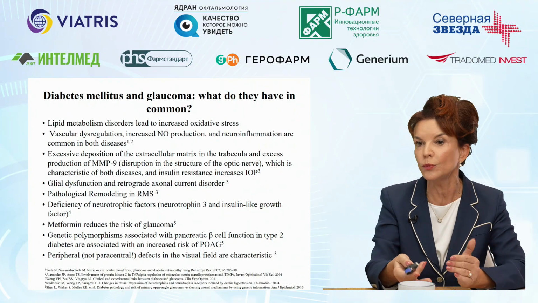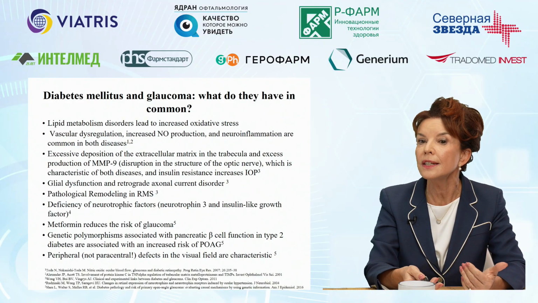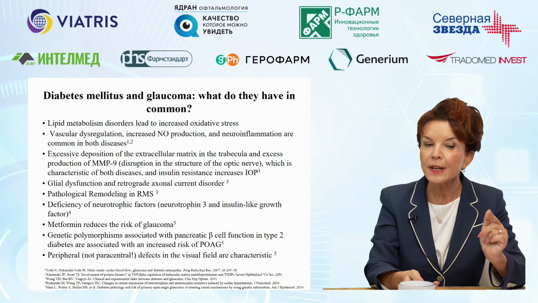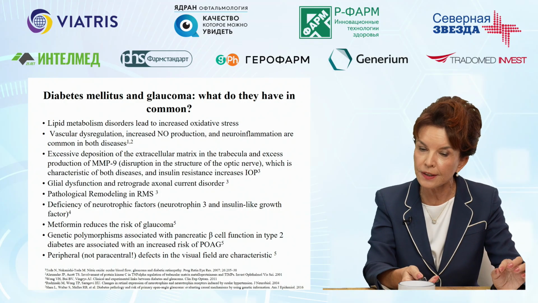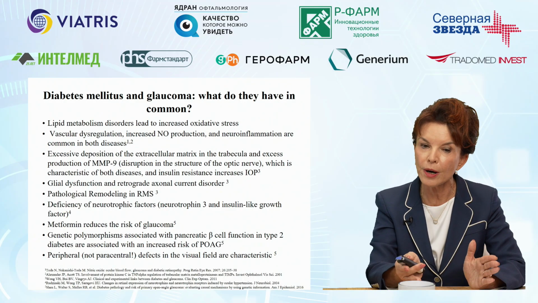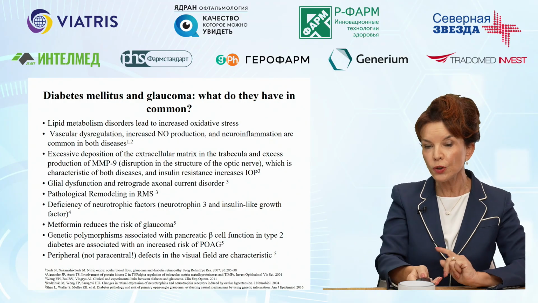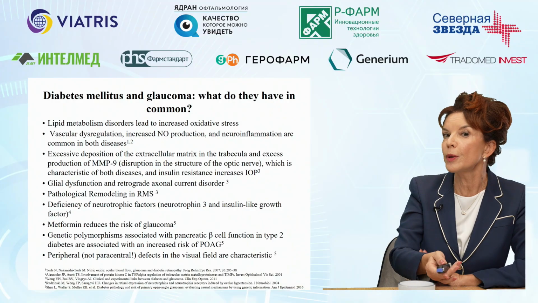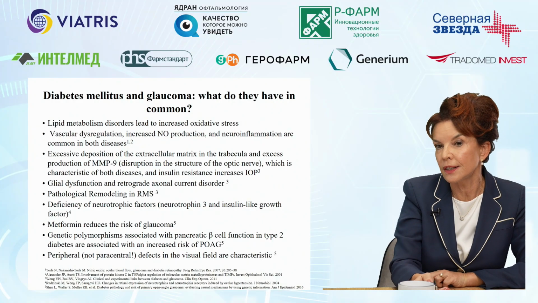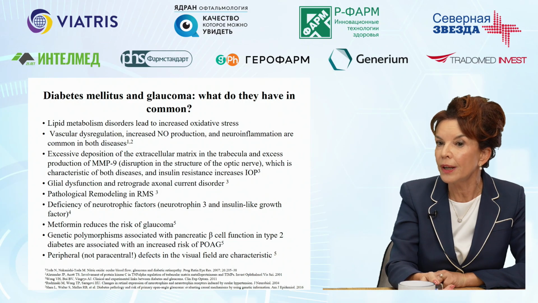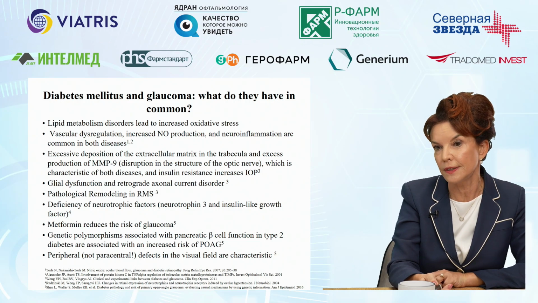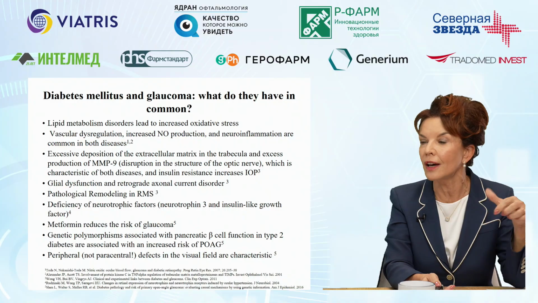The patient with diabetes will have a faster progression of glaucoma. Also, in case of diabetes, there are not paracentral defects, but peripheral defects in case of glaucoma. But what is also interesting is that the drug which is used to treat diabetes mellitus quite often, metformin, has a neuroprotective action.